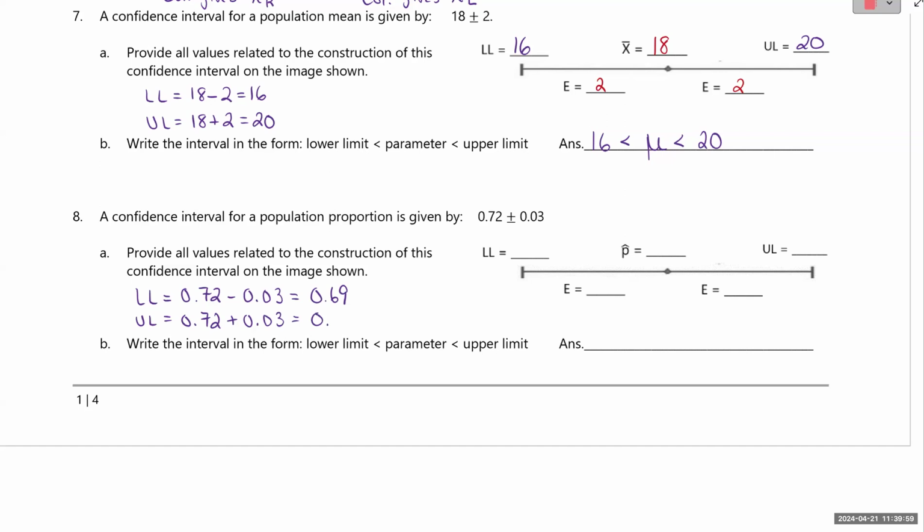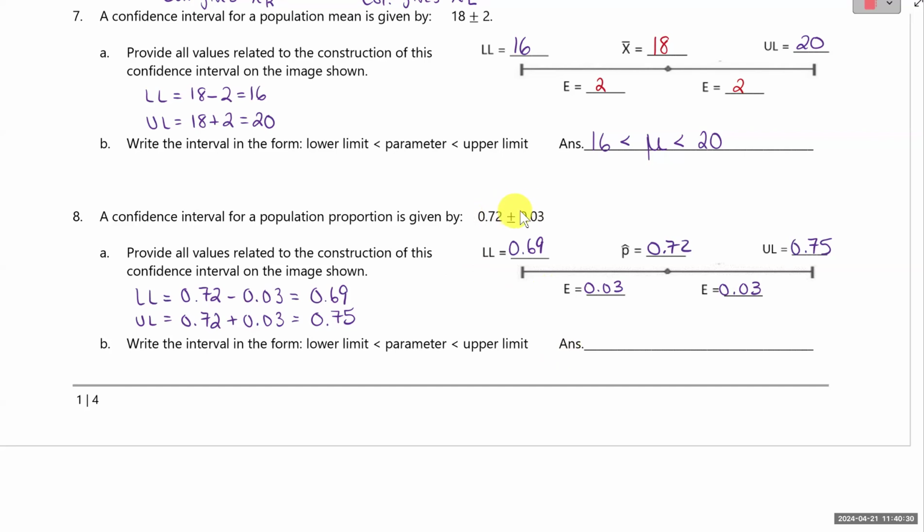That would bring me up to 0.75. All right, so P hat, the point estimate is 0.72. And our margin of error, that distance from the point estimate to the upper and lower limit, is the 0.03. And that brought us down to a lower limit of 0.69 and an upper limit of 0.75.